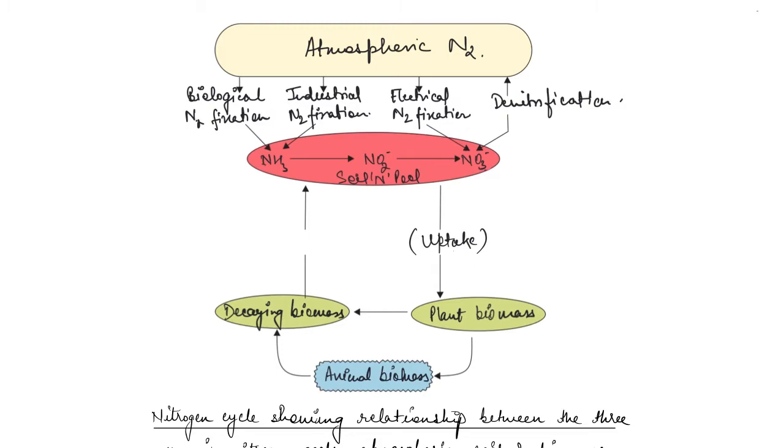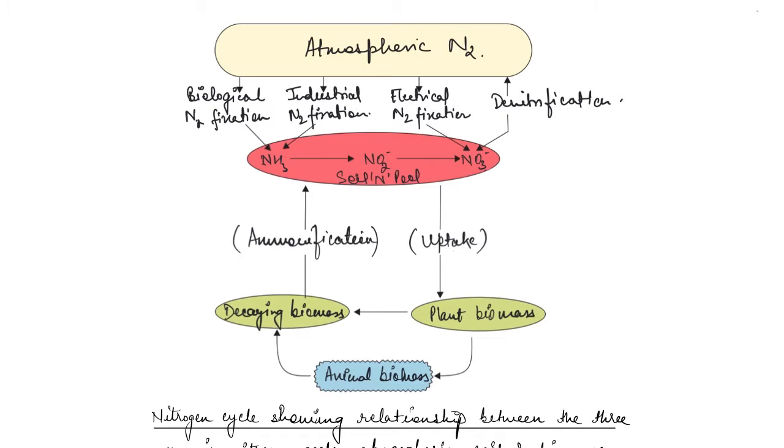Now this decaying biomass again goes into the pool of ammonia by the process of ammonification. Right? So basically, we are getting ammonia from the atmosphere by conversion of nitrogen into ammonia, and we are getting ammonia from the decaying biomass as well.